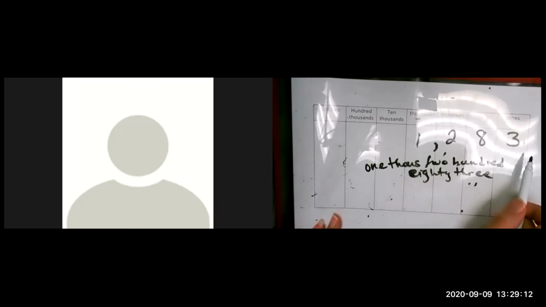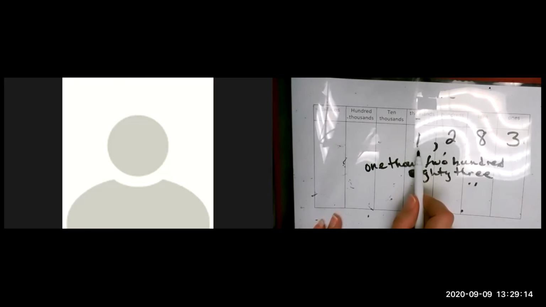Okay. Expanded form is taking each one of these numbers and plugging the zeros behind it. So for the 1,000, I would write the 1 down. How many zeros am I going to put behind it? Do you know? 3, you're right. 1, 2, 3.